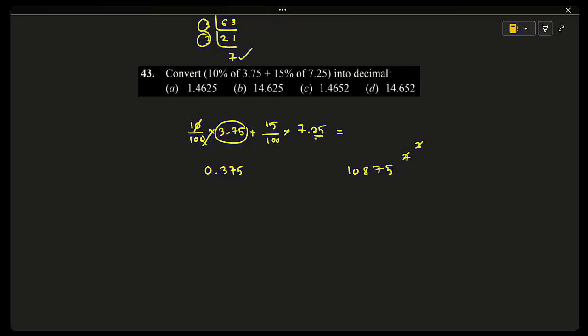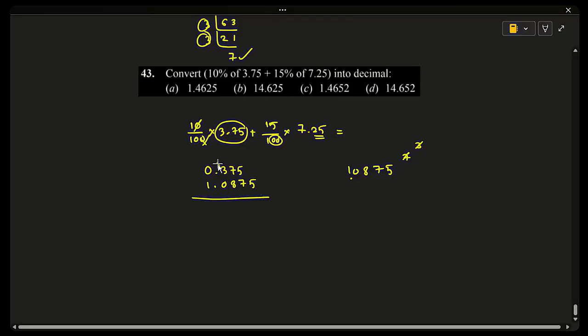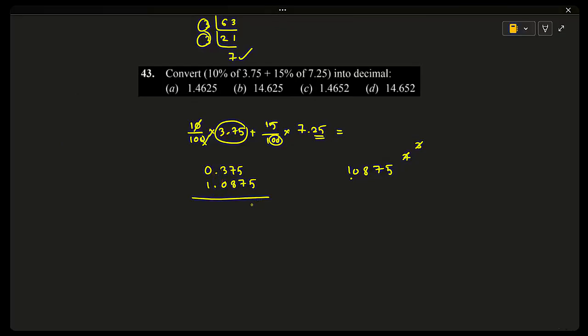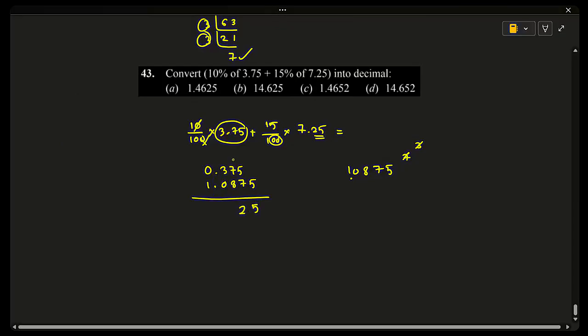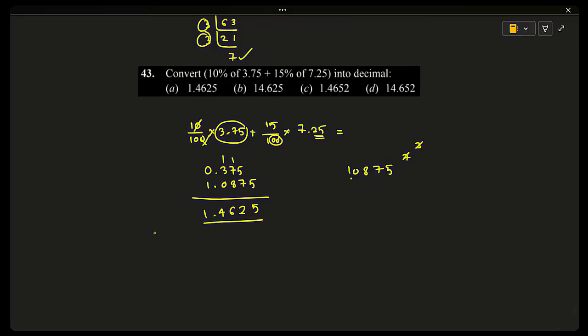But here 2 decimal places, because of this 2 more decimal places, so 4 decimal places, that is going to be 1.0875. So the sum of these two, the decimal you have to write under the decimal like this. Now you add, so you'll be getting 5, 2, 1 carry, 6, 1 carry, 4, 1.4625. That is option A.